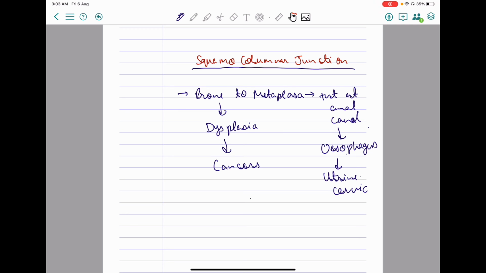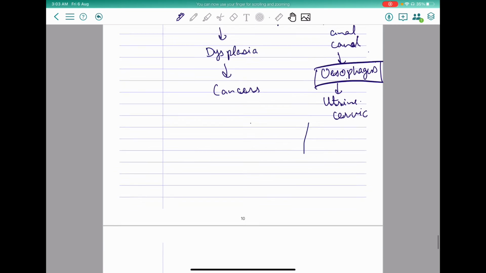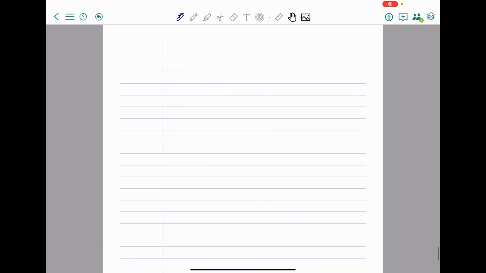So here, let's talk about the esophagus one, because this comes in exams the most, and it is a very hot topic. The condition that happens in the esophagus is called Barrett's esophagus.